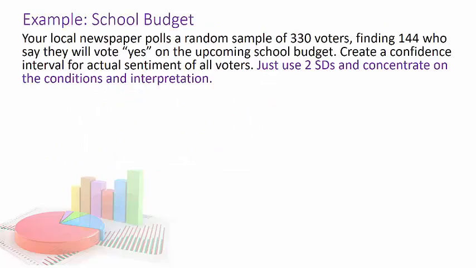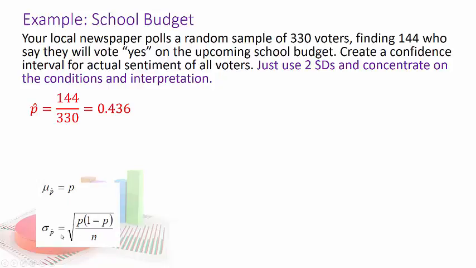So we're going to go back to our school budget and determine our confidence interval since we discovered that we could meet the conditions. So we have our p hat, which is basically the fraction of yes votes, 0.436. I'm going to go ahead and calculate the standard error, basically using the standard deviation formula.